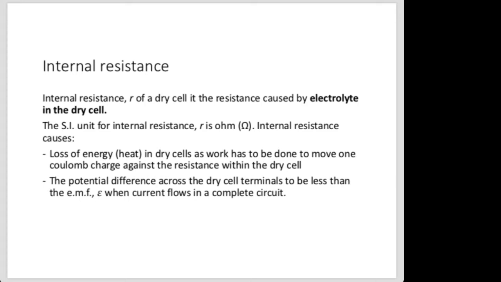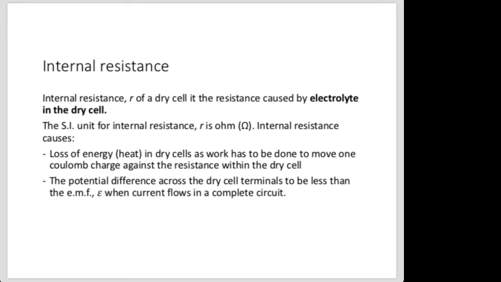So because there is resistance within the dry cell or within the battery, right? Because it's within the battery, it still has to overcome. Dia masih kena mengatasi rintangannya sendiri. So not only dia kena melawan rintangan yang terdapat dalam perintang, tetapi dalam itu bateri sendiri pun ada rintangan sebenarnya. That's what we call internal resistance, because it's not from outside but it's from inside the electric source.